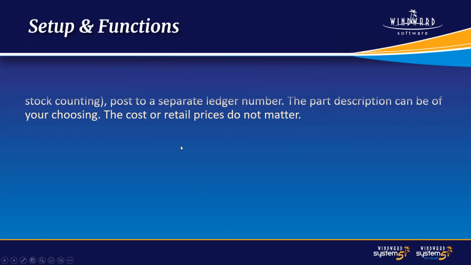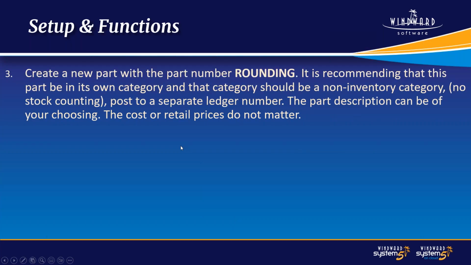After that, the next step is to create a new part with the part number rounding. This is recommended to be in a category on its own, and it should be a non-inventory category. We will be posting a separate ledger number, and the part description can be of your choosing.